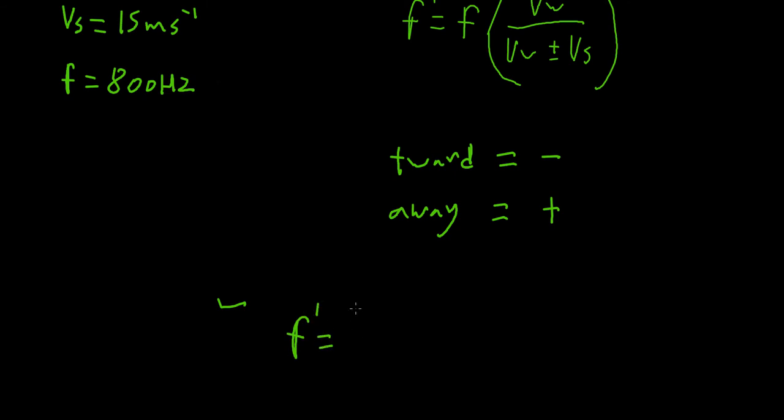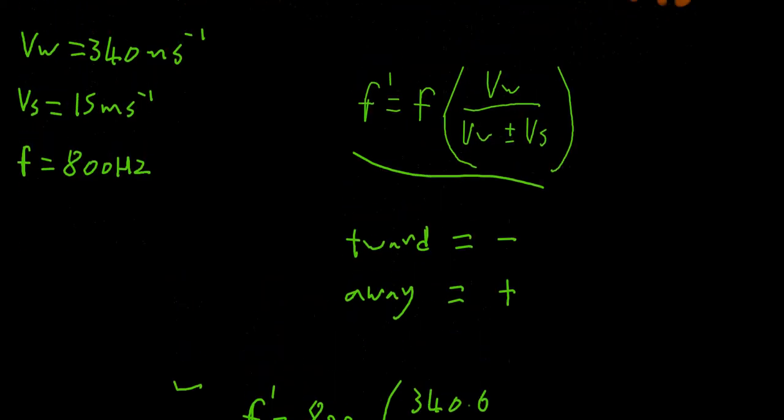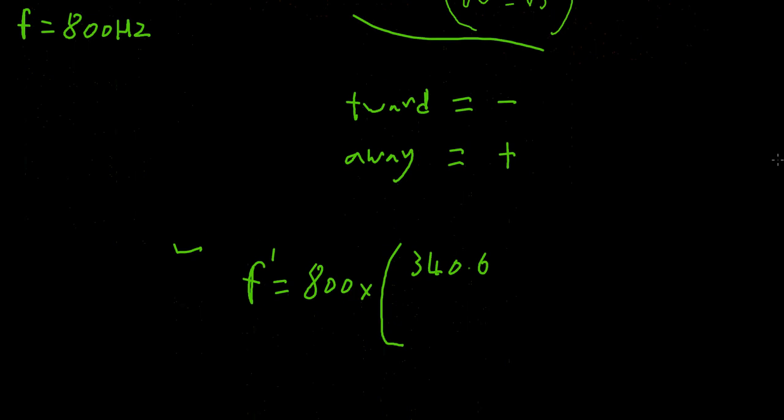F apparent equals 800, times the velocity of the wave, which is 340.6. We can just look up there to remind ourselves. I didn't write a 0.6 there, but it's okay, it's the same thing effectively.